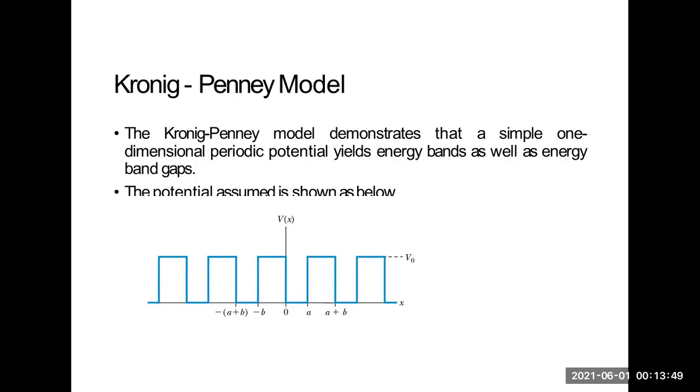This is also, you can see, Kronig and Penney say that they are square wells. And V of x here denotes on the y-axis the potential of the particle, and that particle exactly we don't know. If you don't know the exact particle, we just represent it with some x.